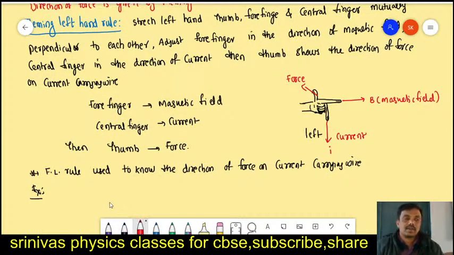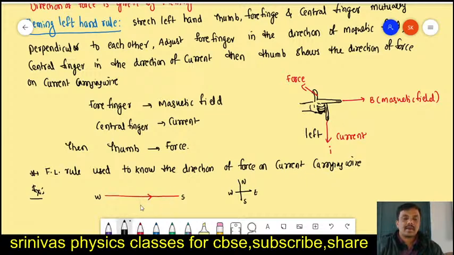For example, this is the current carrying wire, held like this. North, south, east, west. The current carrying wire is from east to west, which is considered as current flowing from west to east.